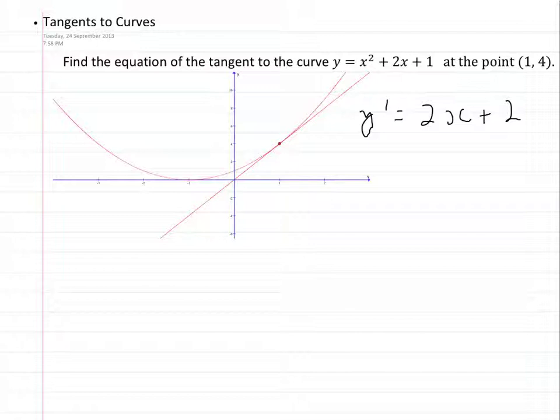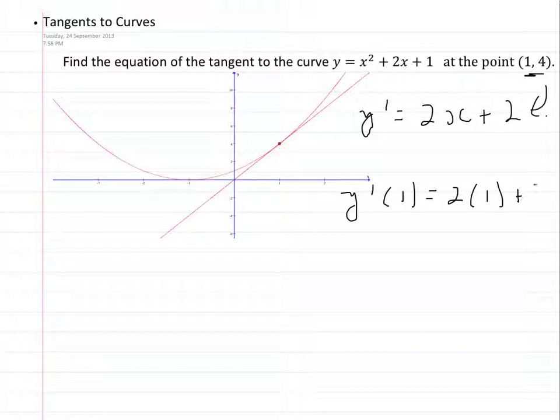To find the gradient of the tangent at that point, I simply substitute the 1 into my gradient equation. So y dash at 1 is equal to 2 lots of 1 plus 2, and that equals 4.